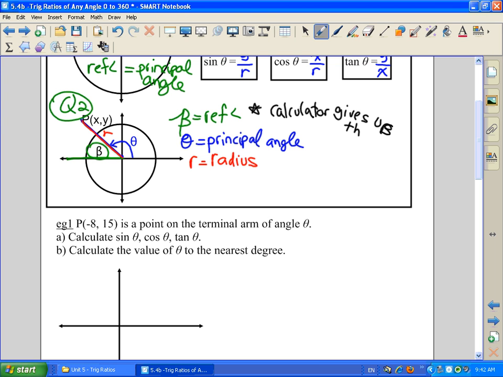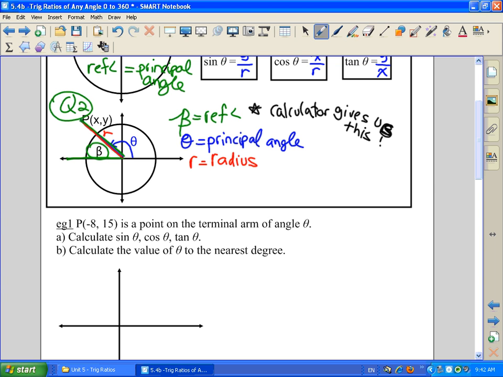Okay, and we're going to learn some patterns between the principal angle and the reference angle, i.e., when we plug into the calculator, ladies and gentlemen, the sine of maybe 25 degrees or the sine of 180 subtract 25 degrees, you're going to get the same result. Why is that?